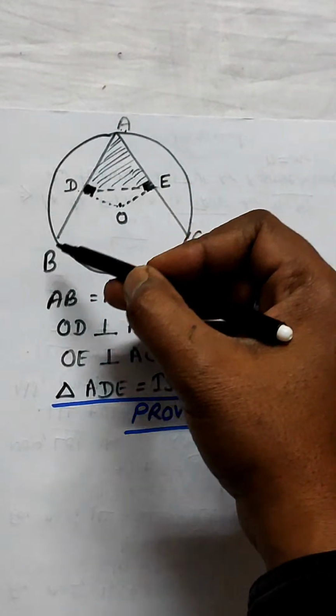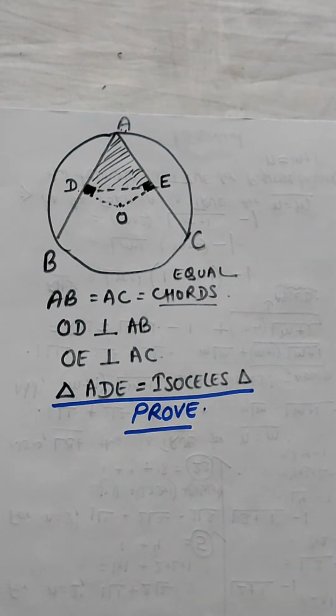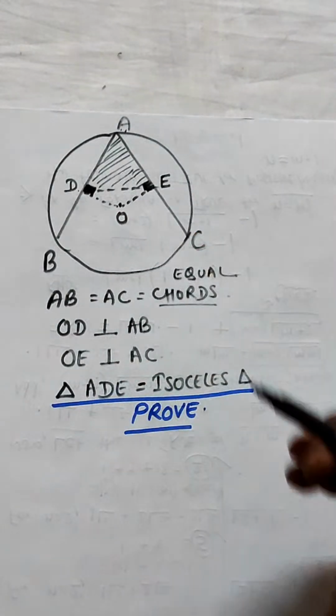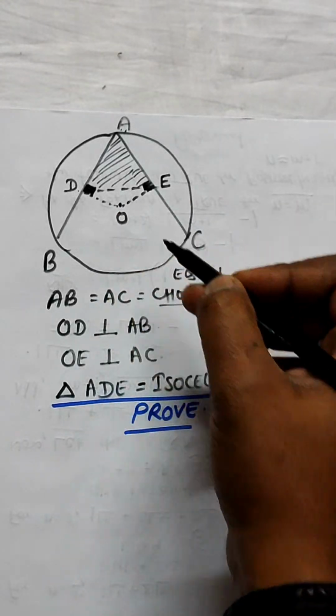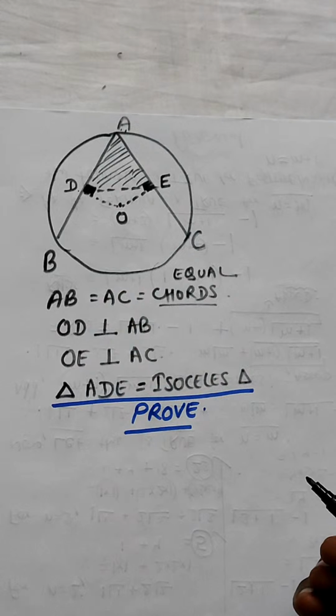Here it's given AB equal to AC. Since AB equals AC, can't we say that equal chords are equidistant from the center of the circle?